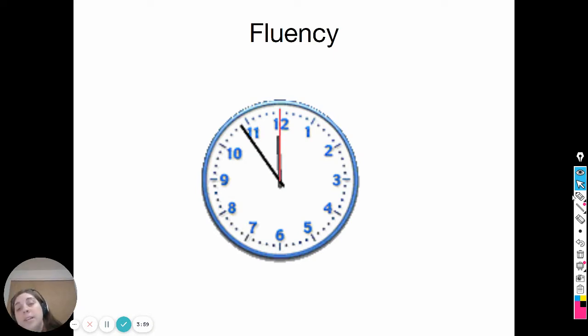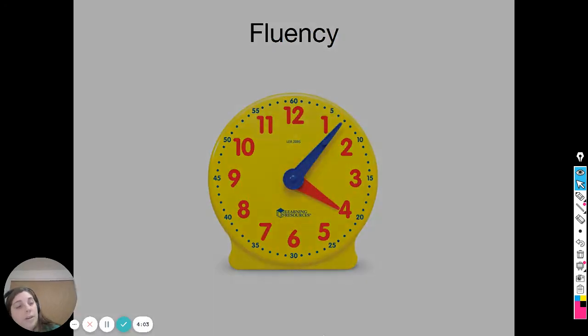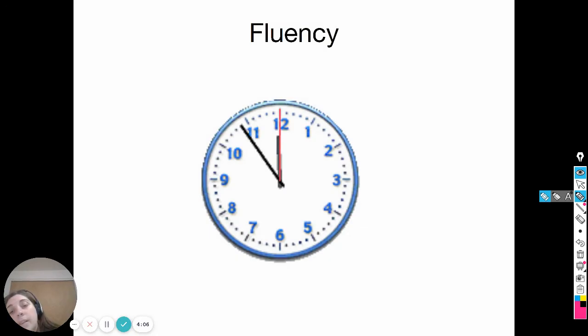Okay, so as you can see, this one's a little tricky because if you look, this hour hand is almost past the 12, but it's not yet. So anything between the 11 and the 12 is going to still be 11 o'clock until it passes the 12. So it's 11.